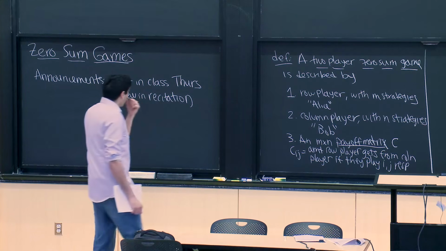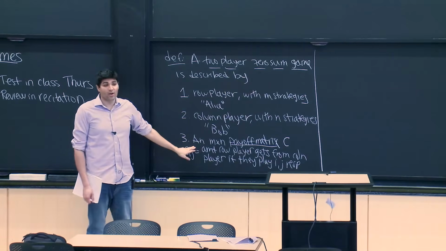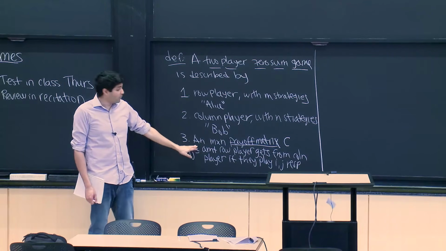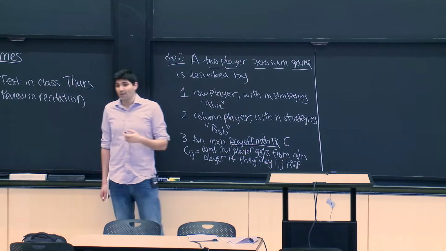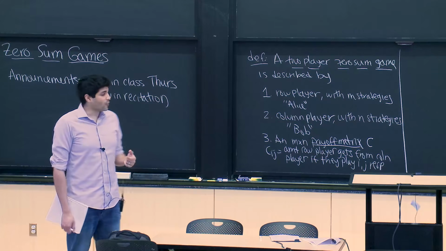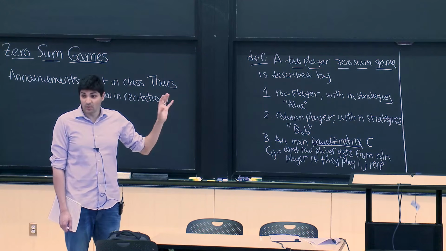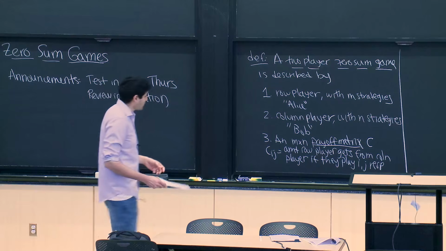But in any case, in a zero-sum game, we only have a single payoff matrix that describes what happens. And it's called a zero-sum game because if you add up the wins and losses of Alice and Bob, it's 0. Of course you can consider more general games, and we'll talk more about that towards the end. But this will be our basic abstraction.